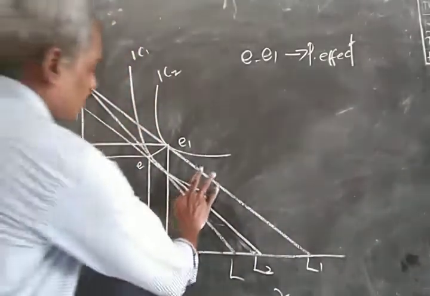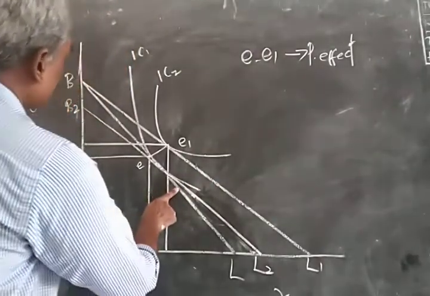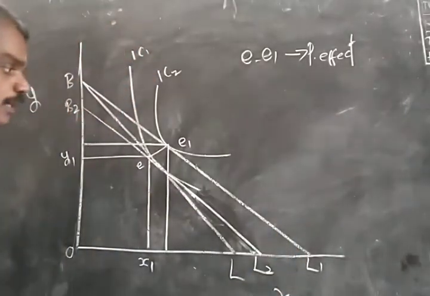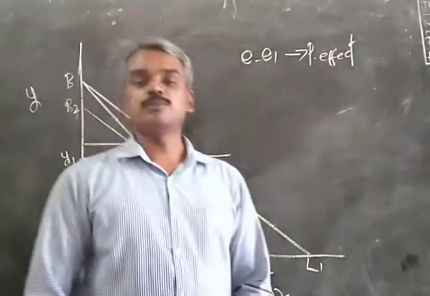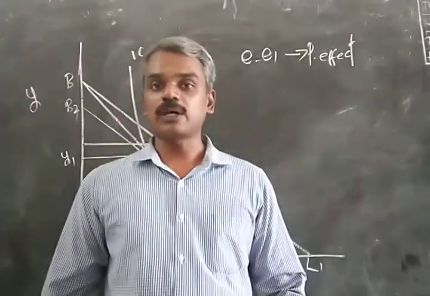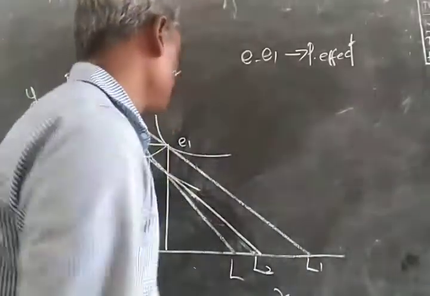Now, what has happened to the price ratio? We have seen that when the price of X fell, the budget line rotated from BL to BL1, and the slope of the budget line fell, which means that the price of X fell. And so X is relatively more attractive, and this is the substitution effect part of the theory.